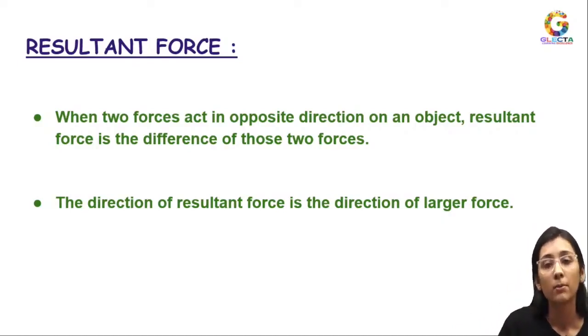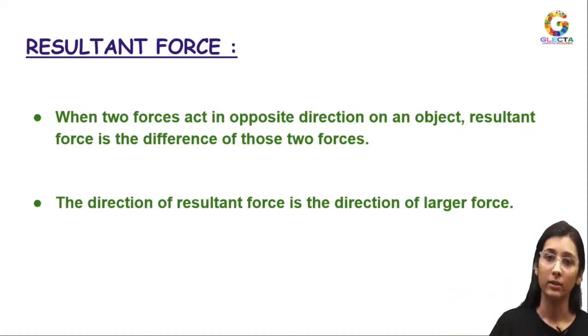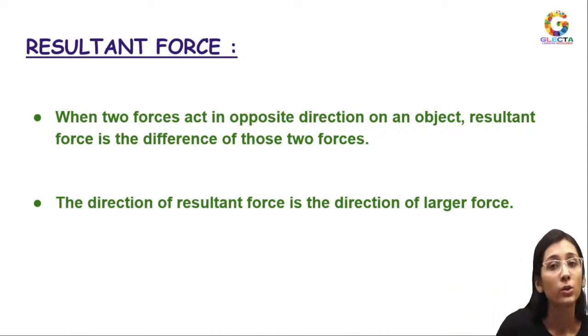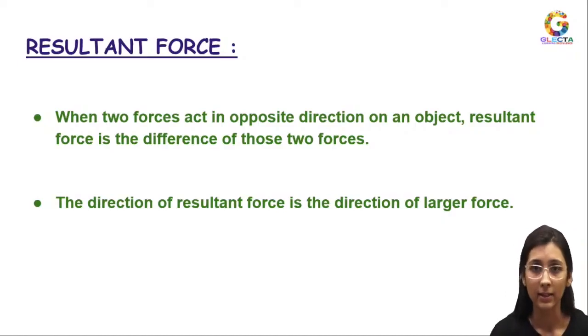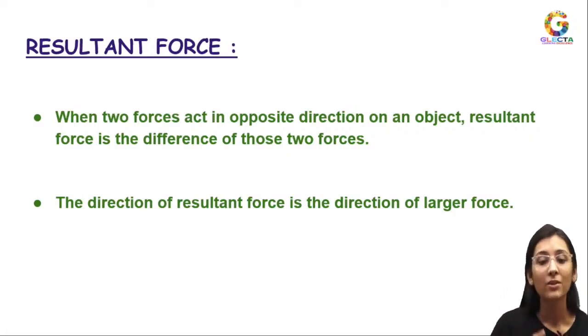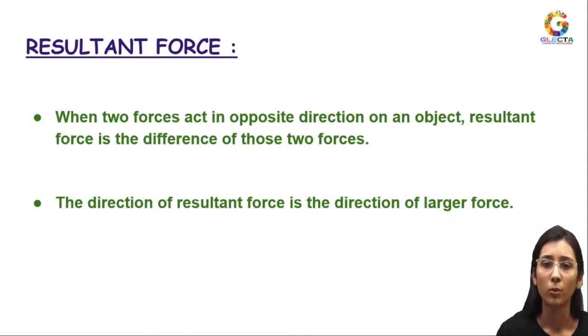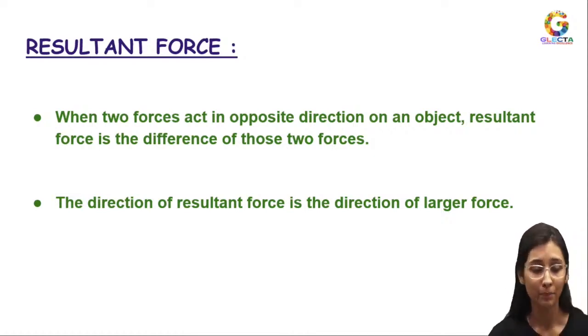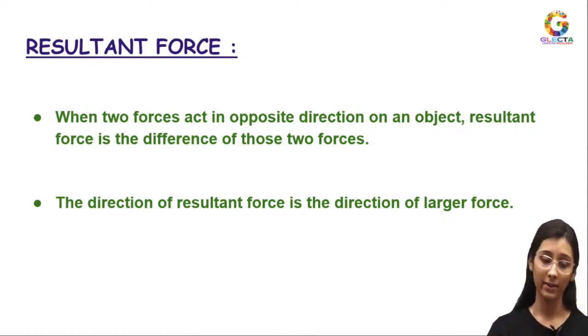Okay, suppose you apply 10 Newton from one side, and you apply 12 Newton from the other side, so the difference of these forces will be 2 Newton. So this 2 Newton will be the resultant force. We will get familiar with this in much more depth. We will learn it again. Okay. What else does it say?